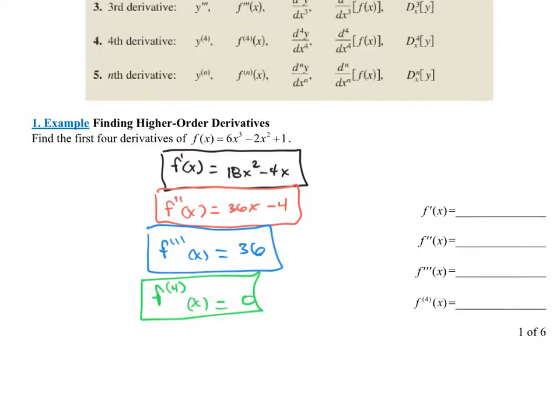That's not true for every function, though. Think about e to the x. The derivative of e to the x is e to the x, so that would go on forever. Things like natural log of x: the derivative of that is 1 over x, the derivative of that is negative 1 over x squared, and it goes on and on forever. So that doesn't work for every type of function, but it does work for polynomial functions. Eventually, if you take enough derivatives of any polynomial function, you would get 0.